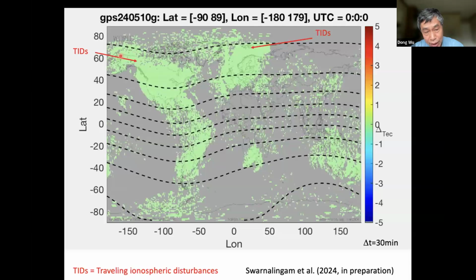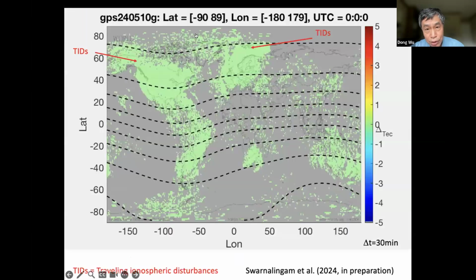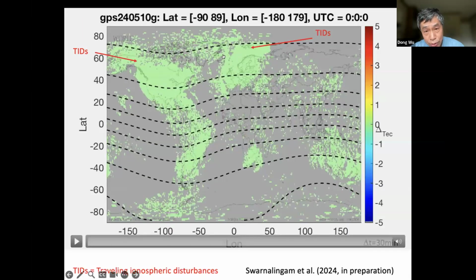The TID happened here and also in Europe. So this is a synoptic scale and mesoscale region that we hope to fill in, using the GPS data, for those few hours of events, including this vast no-data zone.